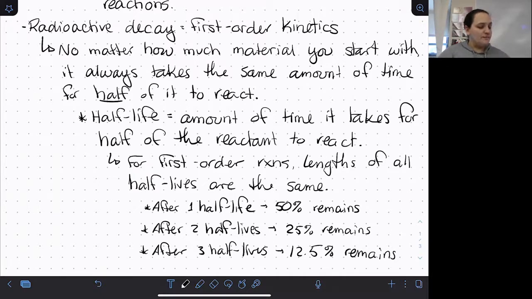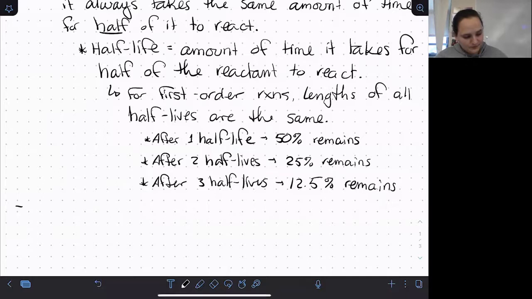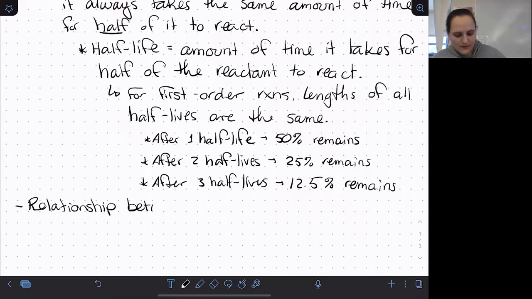So the relationship between time and amount of stuff remaining is logarithmic. And you probably have not seen logarithms in math class yet.